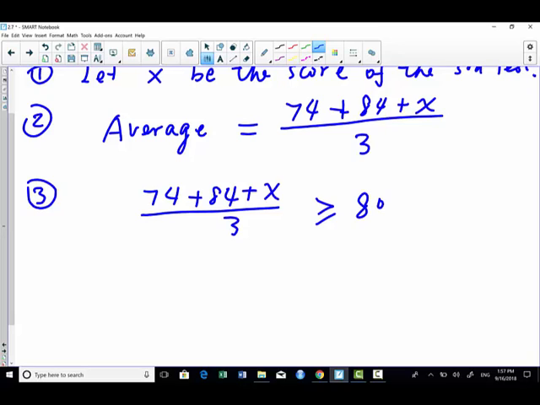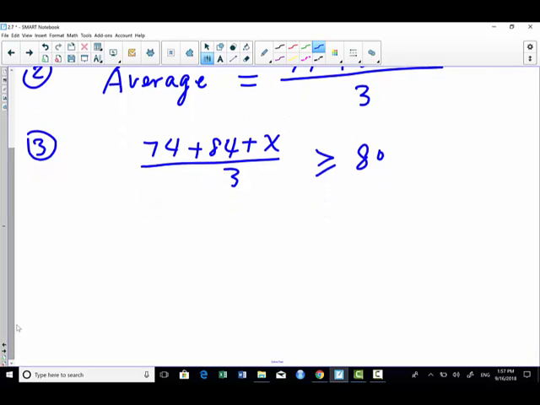So at least in this case translates to the mathematical symbol greater than or equal to. To solve this inequality for x, you can first get rid of that denominator 3 by multiplying 3 on both sides.